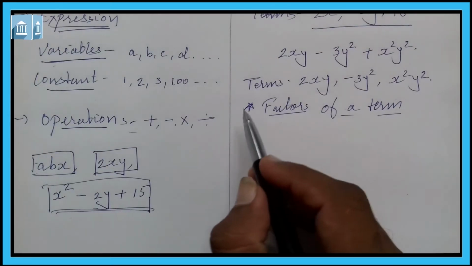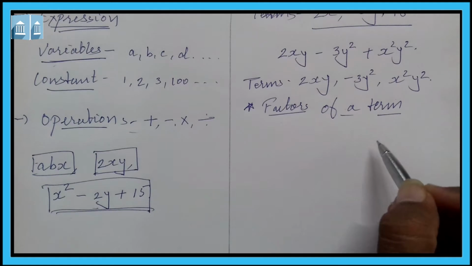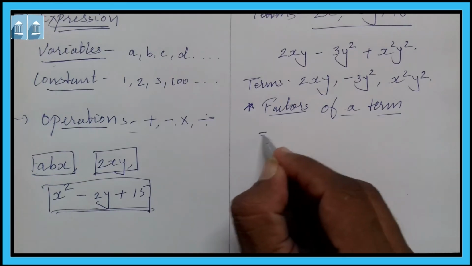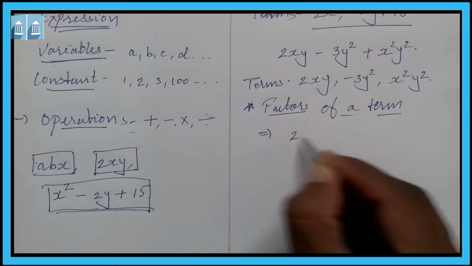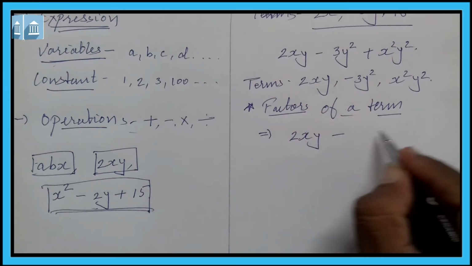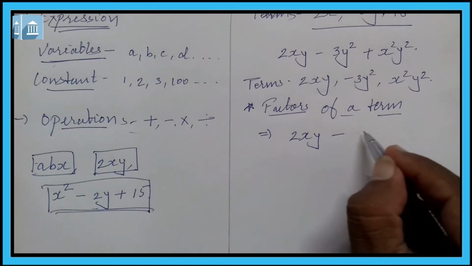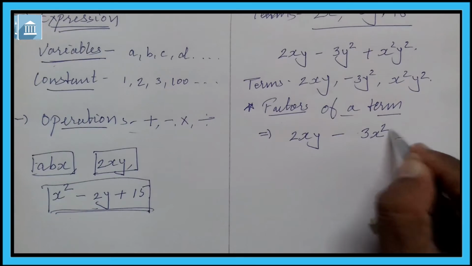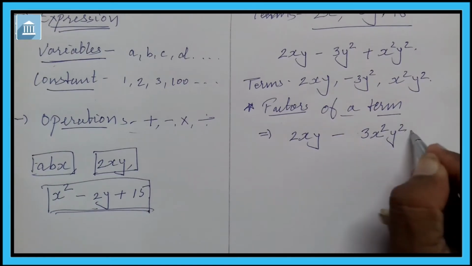Now let us see factors of a term. Let's have one expression here, for example, 2xy minus 3x square y square.